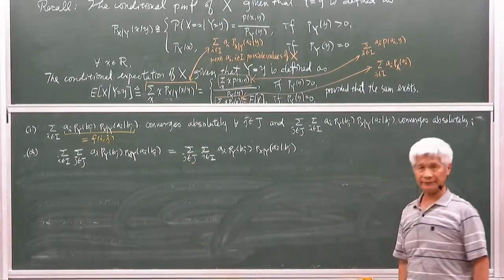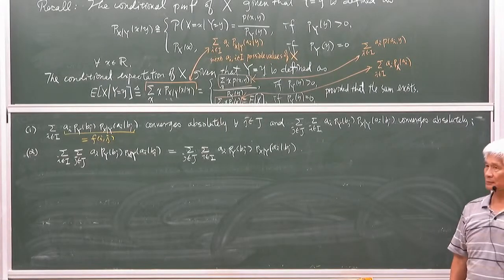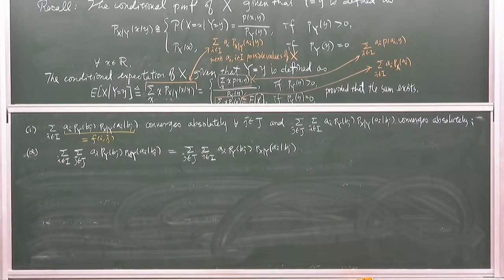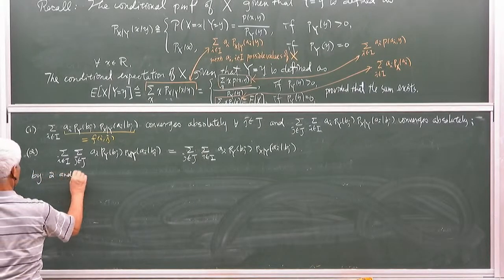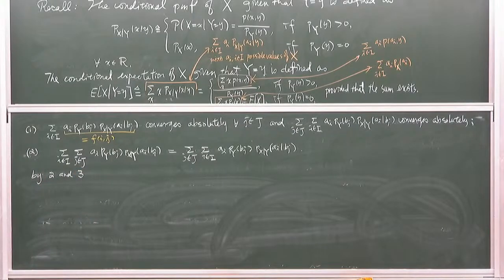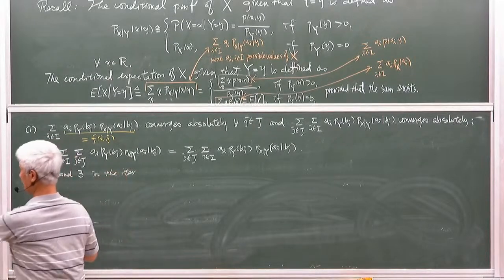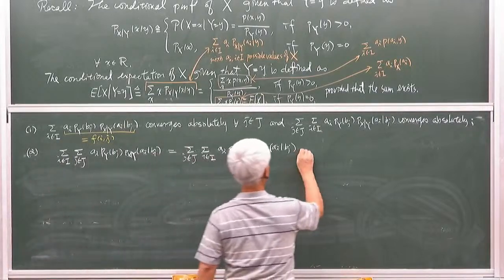Okay, so we have these two implications by 2 and 3 in the iterative series theorem. Oh, I already know that, so we don't need to say it again.